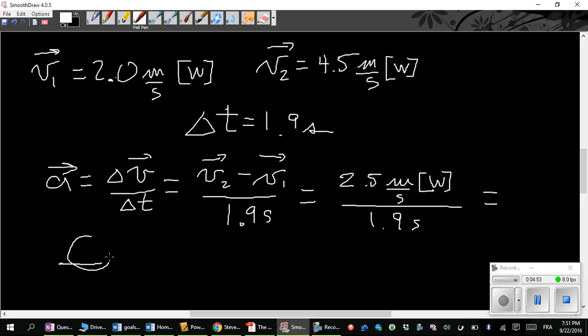Don't forget your units: meters per second squared. Now, that's an acceleration, so it's got a direction. You should put the west. Okay, so this is it. That would be number 7.